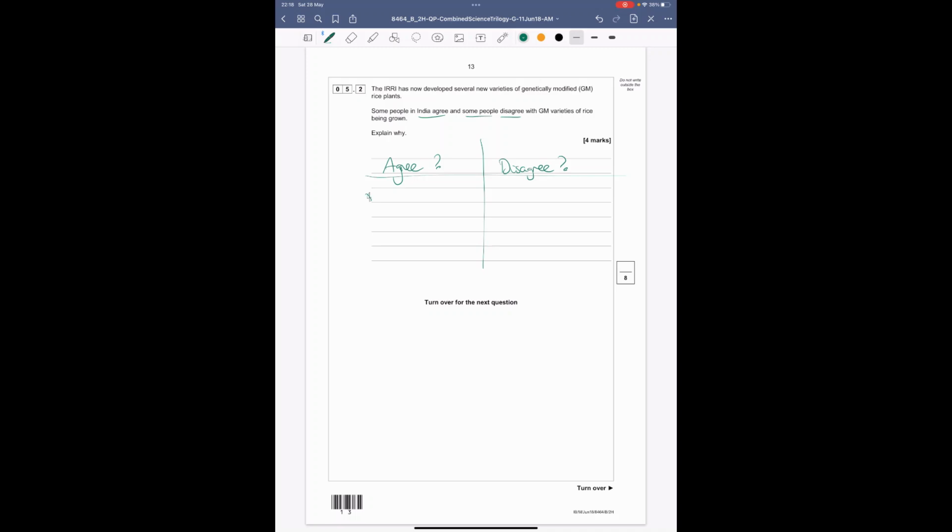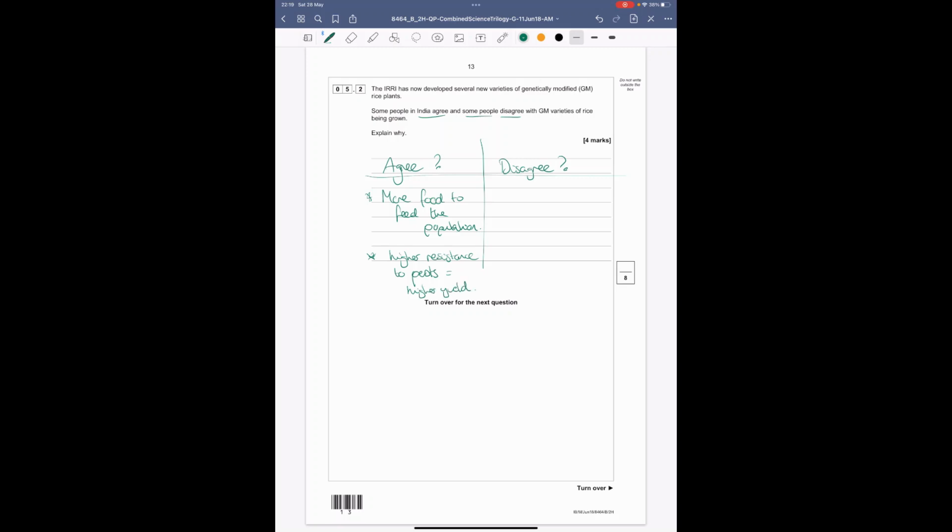Well, if we start off with agree, why do people like genetically modified plants? Well, quite simply, you have more food to feed the population. So that is good, and you would have a higher yield. Genetic modification can also give higher resistance to pests, which gives a higher yield.